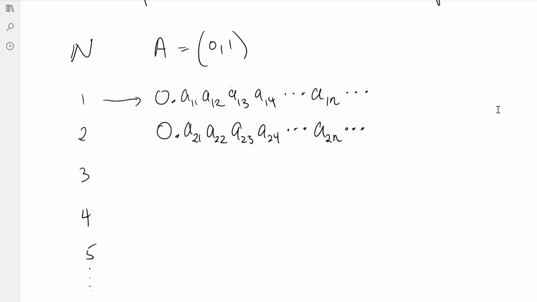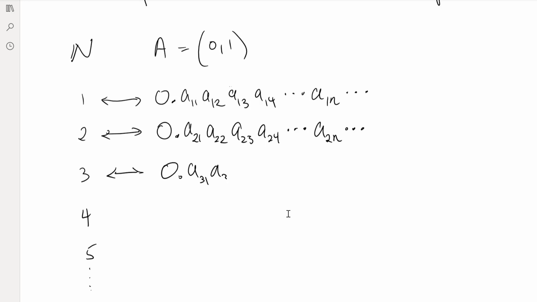1 is mapped to this value, and this value is mapped back to 1. And likewise 2 is mapped to this value, and this value is mapped back to 2. And so each of these values in this table are distinct from each other. So the third value in the list would be, again, 0 point something, 0 point, and then it would be the third row, first digit.